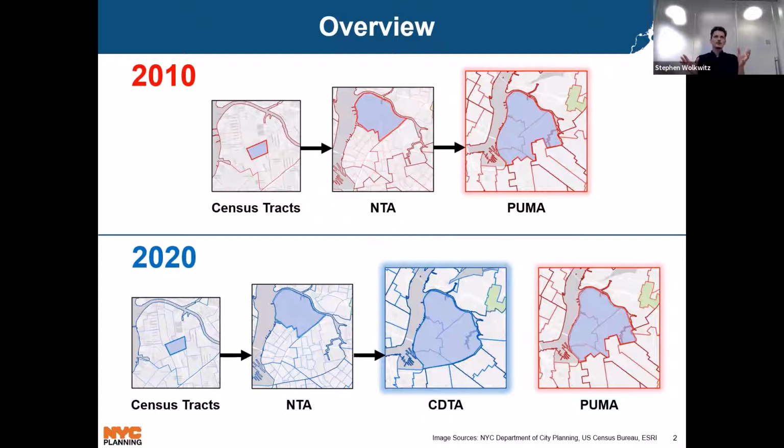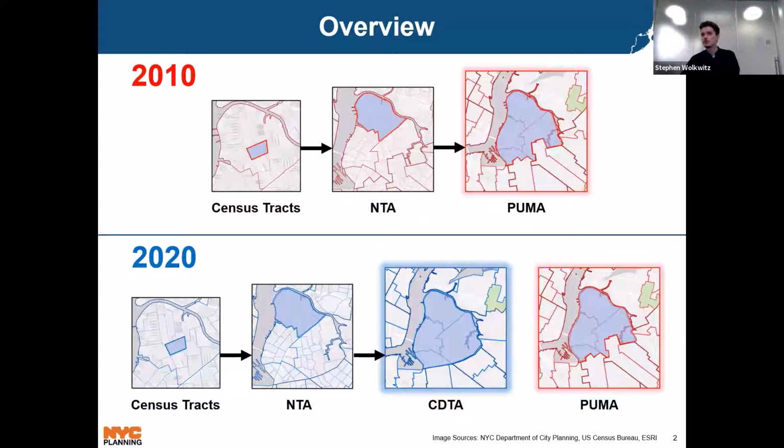So as you see, I've illustrated on the above section of this slide the 2010 census geography paradigm for New York City. You had census tracts on the smaller end, which are these groupings of census blocks, typically aligned with what you would think of as a typical street block. Those nested within our NTAs, or neighborhood tabulation areas.